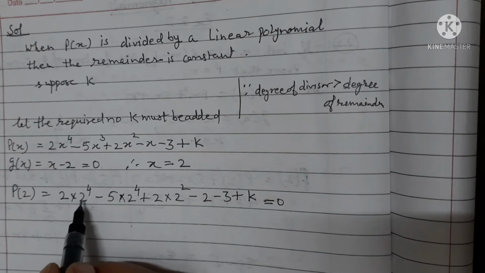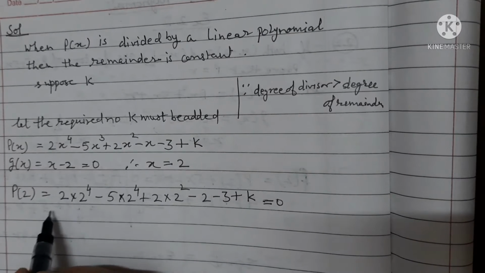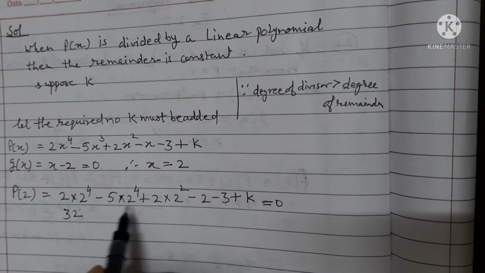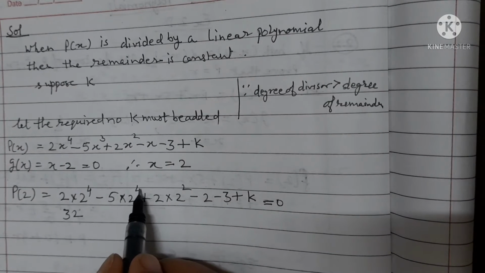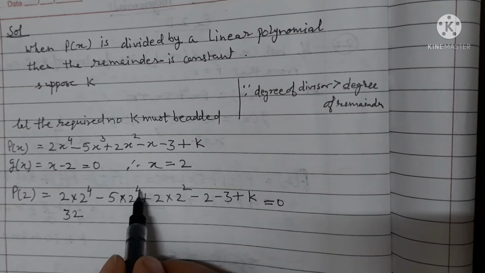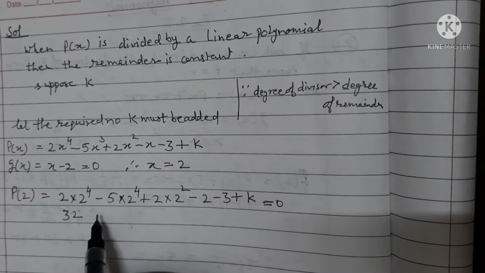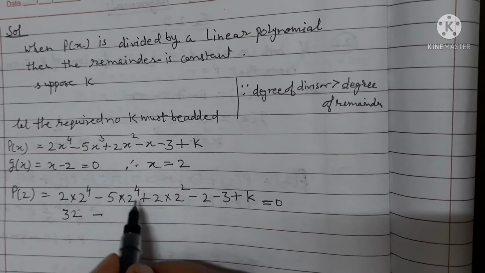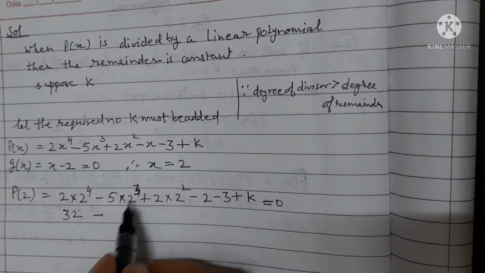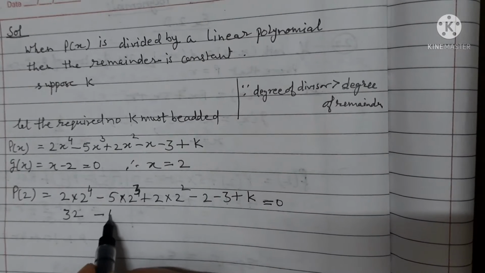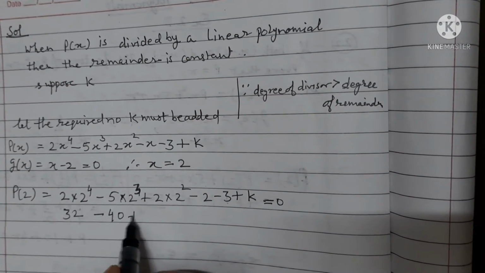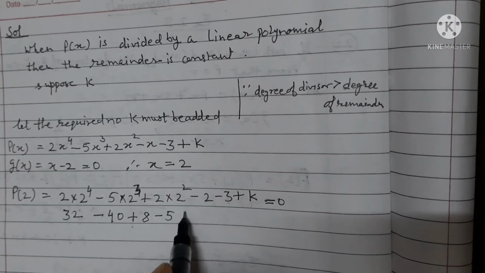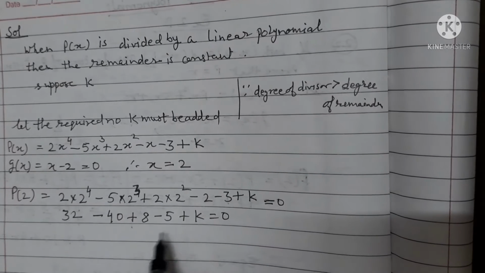Solve it. 2 to the 4 is 16, 2 times 16 is 32. This is cube, not to the power of 4. Now 5 times 8 is 40, 2 times 4 is 8, minus 2 minus 3, minus 5, plus k is equal to 0.